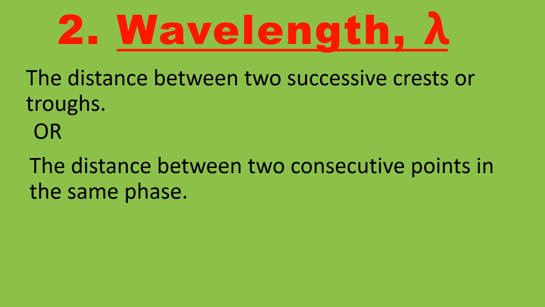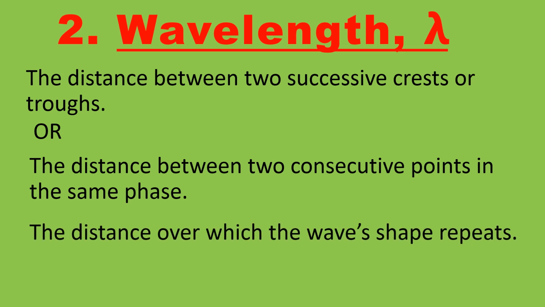So let's mark the key terms here. Consecutive points, the distance between two successive crests, or the distance between two successive troughs. So this is the distance over which the wave's shape repeats.